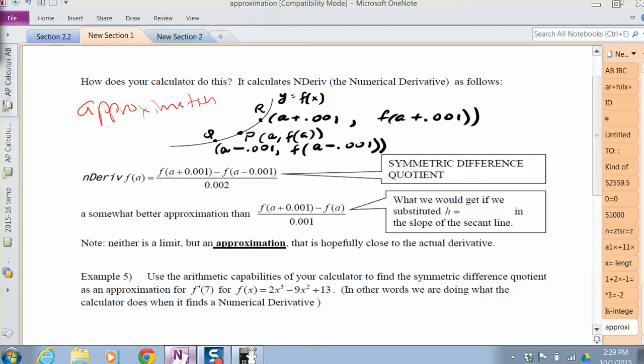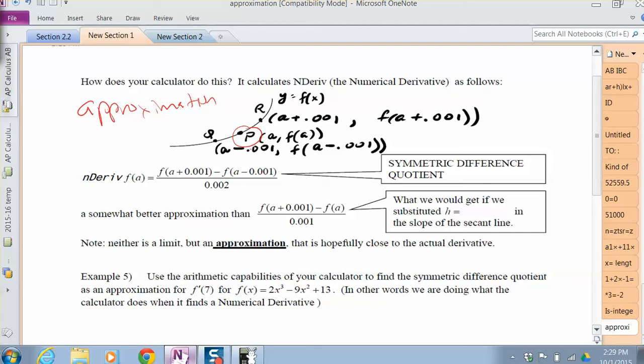So here's our point that we want to find the derivative of, a comma f of a. Let's say we choose a couple points, one to the left and one to the right of point P. So we have point Q, which has an x coordinate that's 0.001 less than the x coordinate of point P. We have point R, which has an x coordinate that's 0.001 greater than the x coordinate of point P.